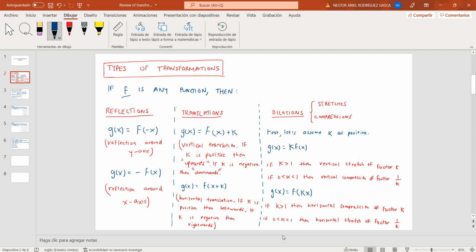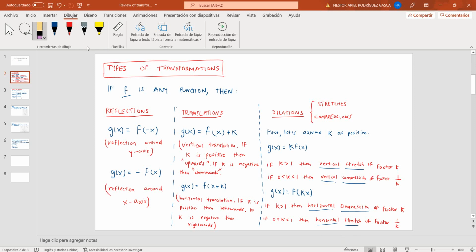You see? So basically we are flipping vertical for horizontal, and we're flipping stretch for compression. And the same in here: vertical, horizontal, compression, stretch. The remaining of the sentence is exactly the same, as you can see.